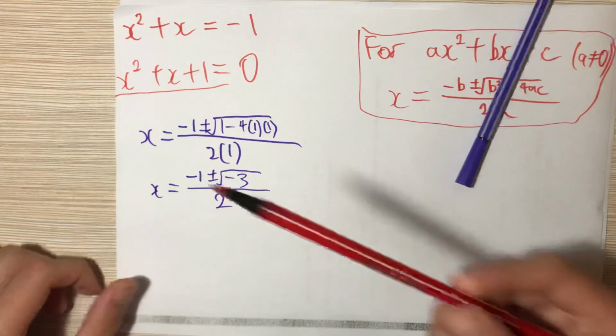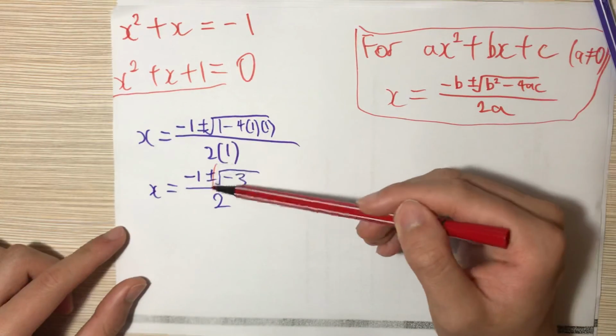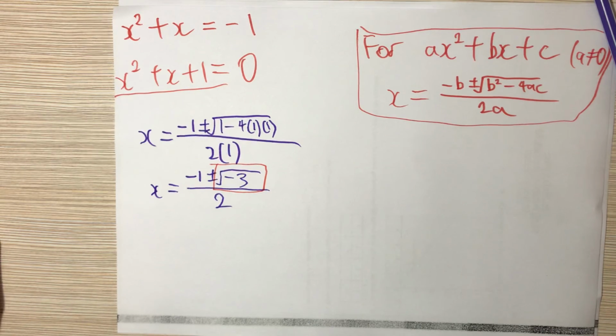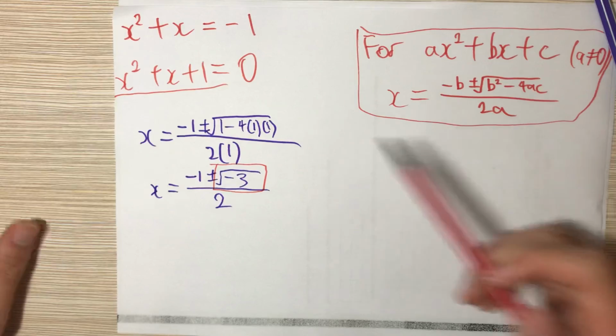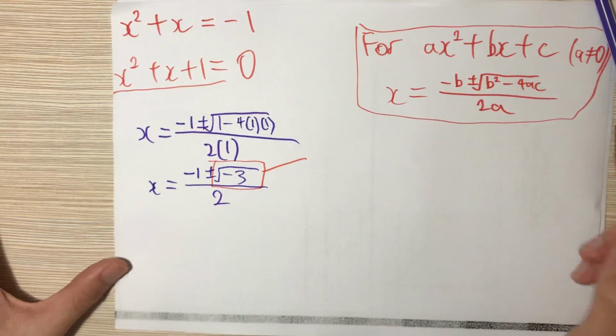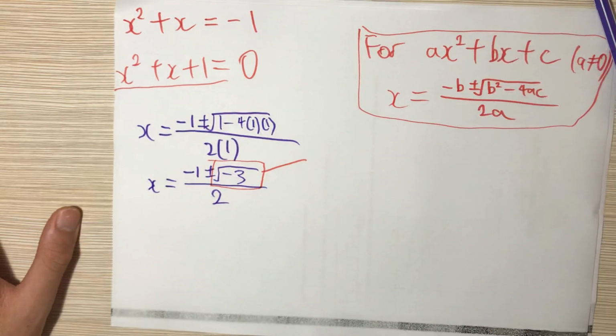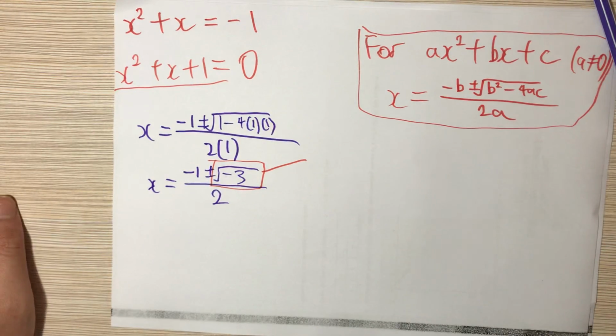Now maybe you will ask me, what is the square root of negative 3? Maybe we will just leave it alone. It will introduce us to another world, the complex world. And I will absolutely do another video about it.